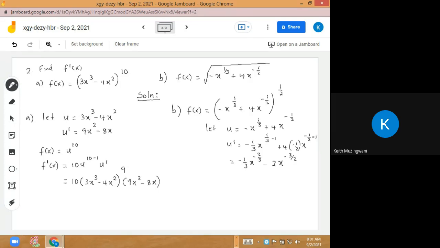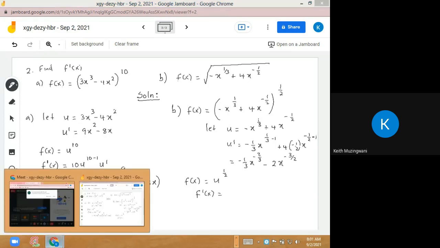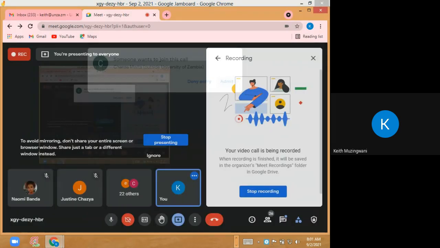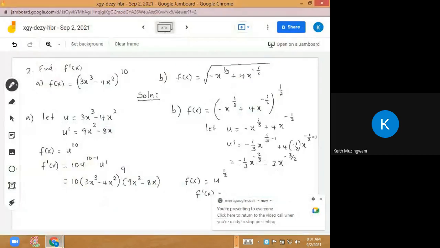And then we can write f of x as u to the power half, so that its derivative becomes half u to the power half minus 1 multiplied by u prime.